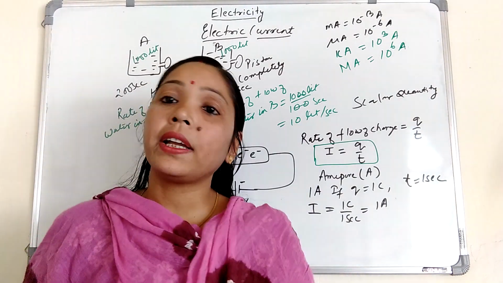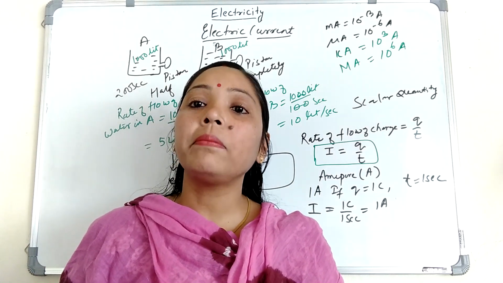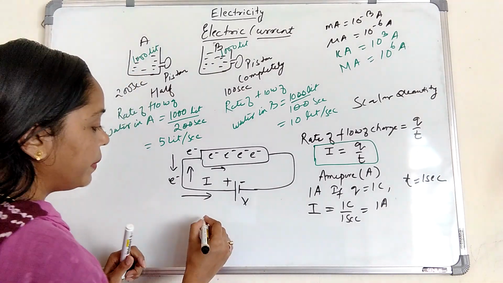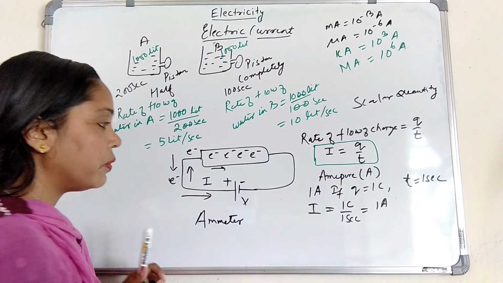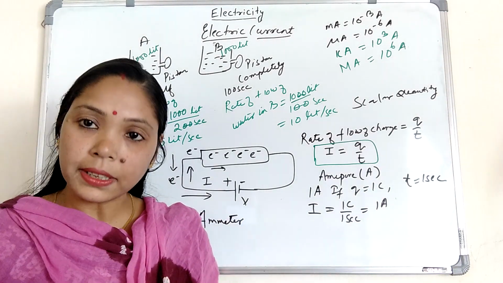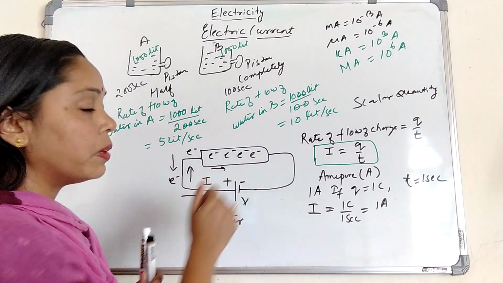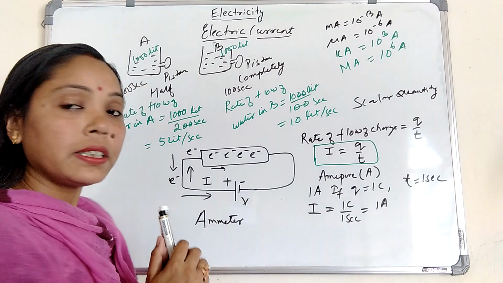Now, how can we measure electric current? We can measure the electric current by an instrument called an ammeter. An ammeter is an instrument by which we can measure the electric current. Suppose in this conductor you want to find the flow of charge, that is current.